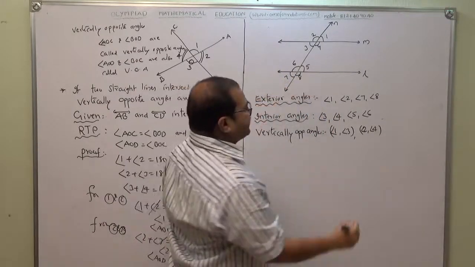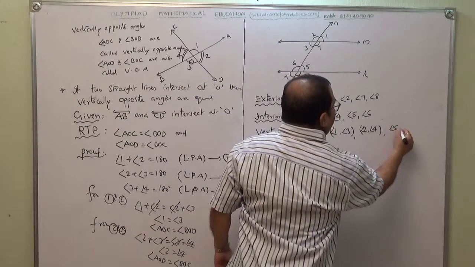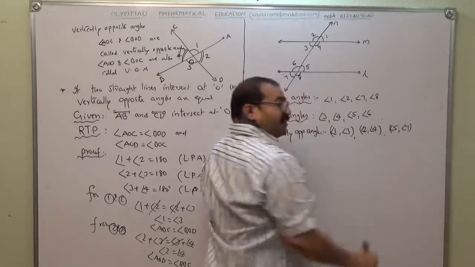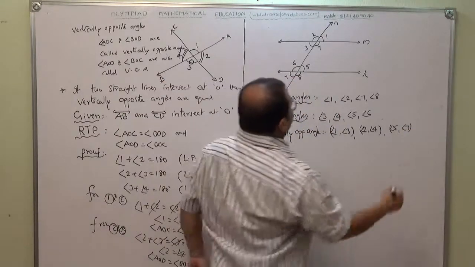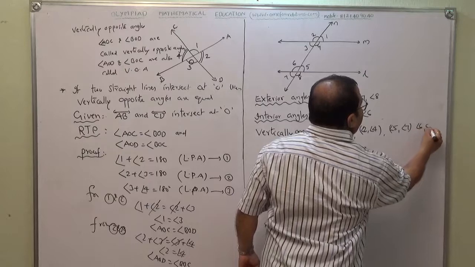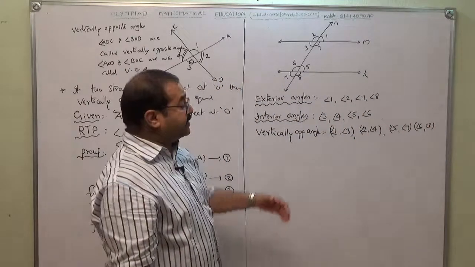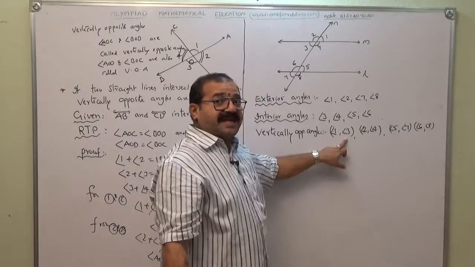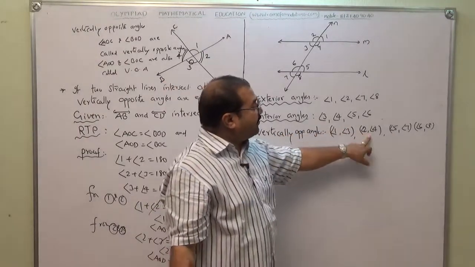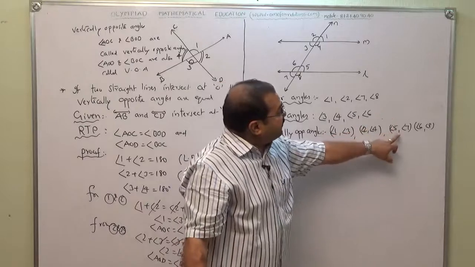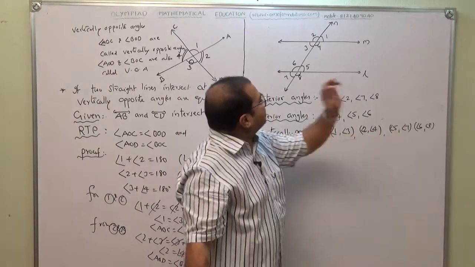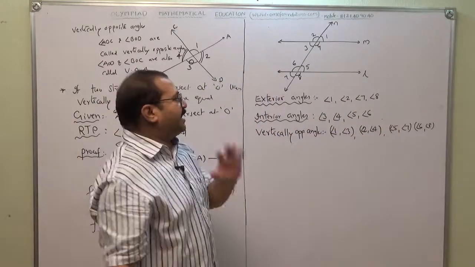Next, angle 5, angle 7 are vertically opposite angles, and angle 6, angle 8 are vertically opposite angles.